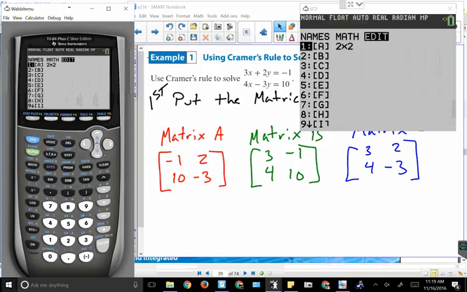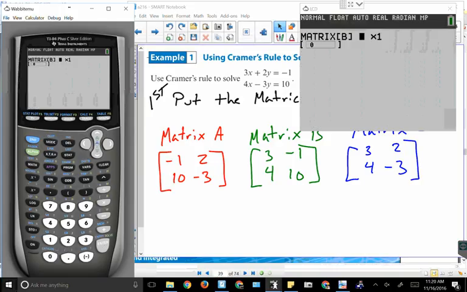So now we're going to go on edit, and we are going to create matrix B. So I got my edit selected, matrix B selected, and I press enter. Now matrix B is a 2 by 2 matrix. Put in 2, 2, and then we put the numbers in for matrix B that we identified. 3 enter, 1 enter, 4 enter, and 10 enter.